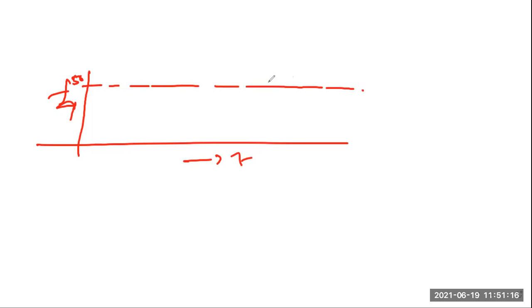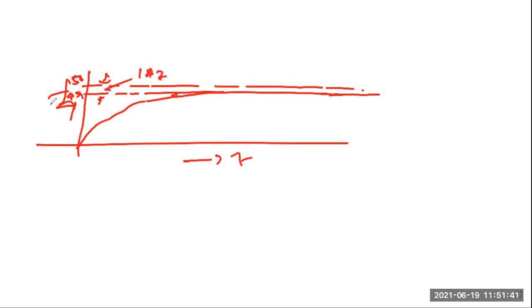Now, if there is some error, the frequency will not reach this value. It will be something here, say 49. So there is an error of 1 Hertz. So your frequency is not reaching the steady state. That is the error. This is your steady state error. Okay, 1 Hertz is your steady state error.